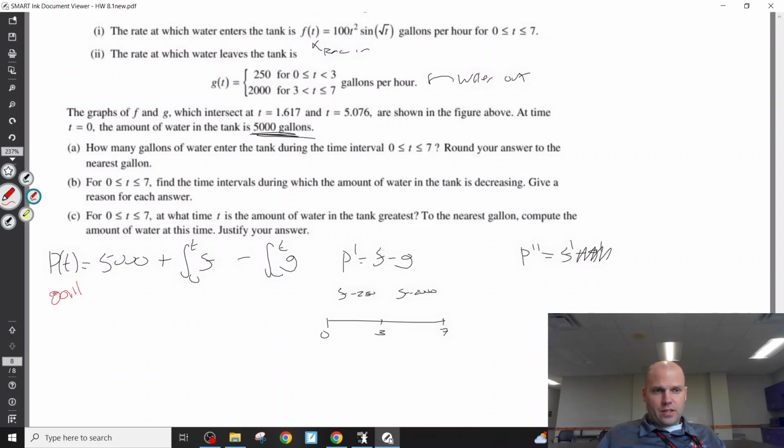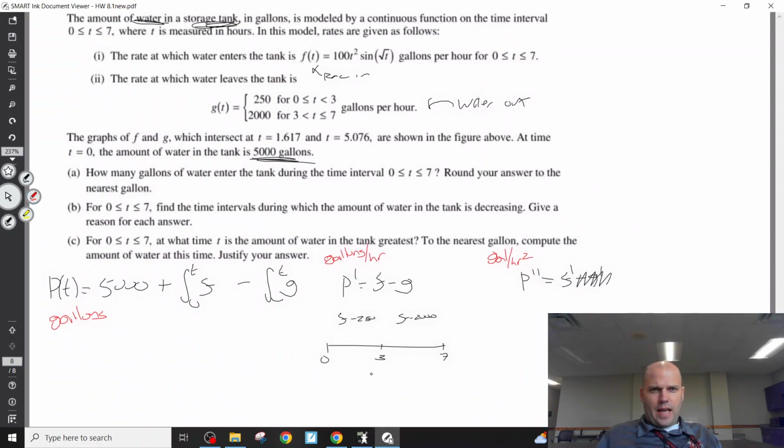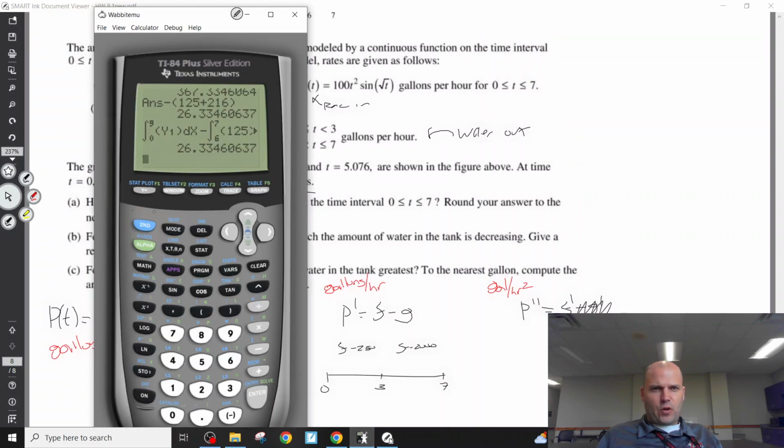This is gallons, total amount, position. This is a velocity. This is gallons per hour. This is our first derivative. This is gallons per hour squared. This is my acceleration. Let's go ahead and at least start with my first interval.